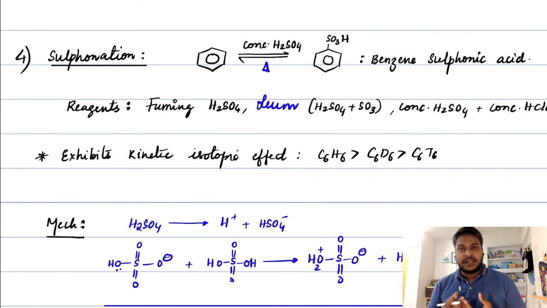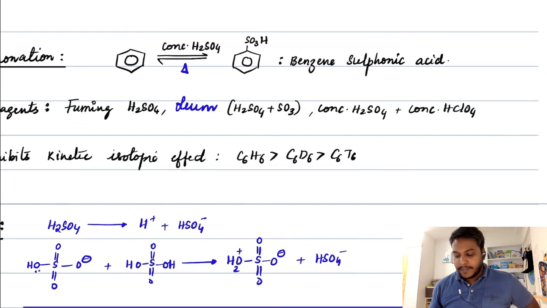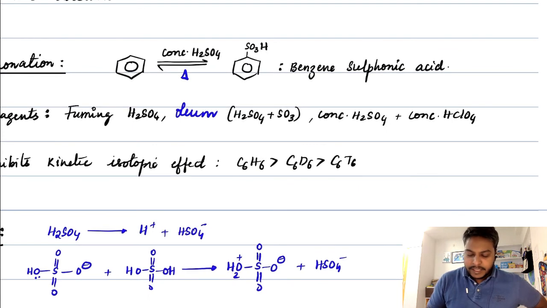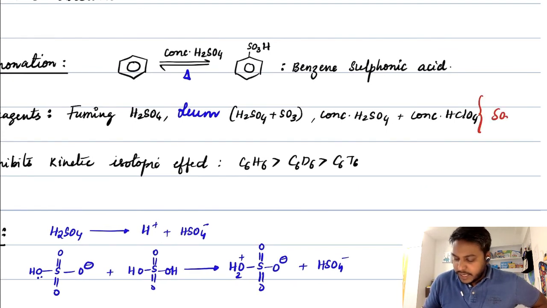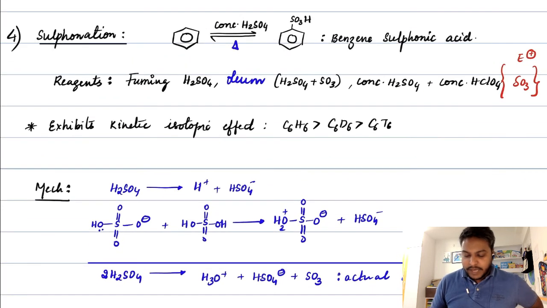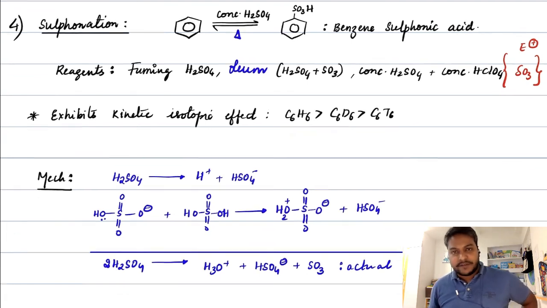We can also take an oleum mixture, which is concentrated H2SO4 mixed with an excess amount of SO3, or concentrated H2SO4 with concentrated HClO4. In all of these cases, the electrophile generated is SO3. So SO3 is an electrophile here, students, and we have learned that sulfonation also exhibits a kinetic isotopic effect.